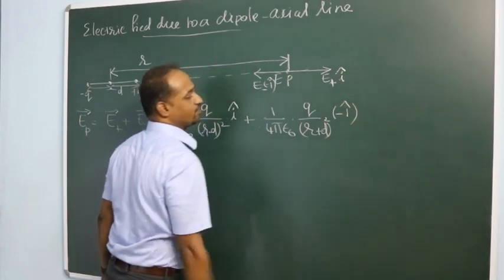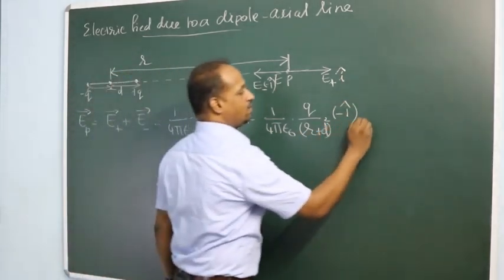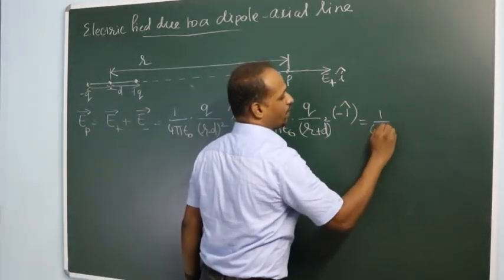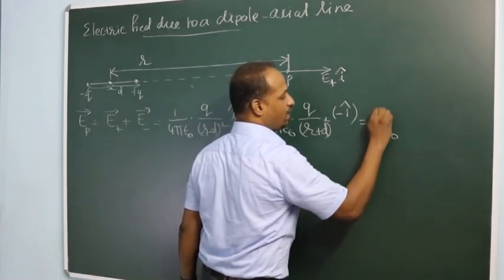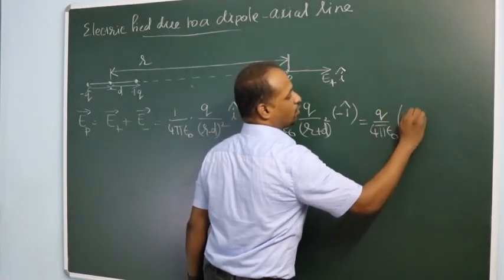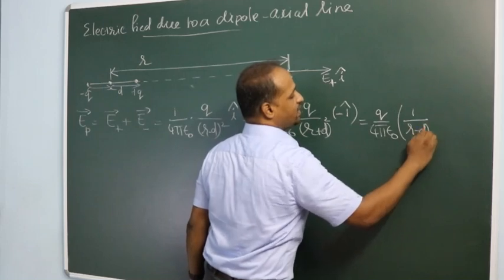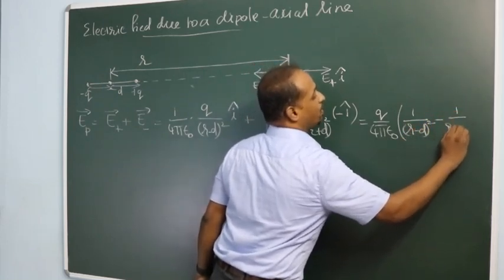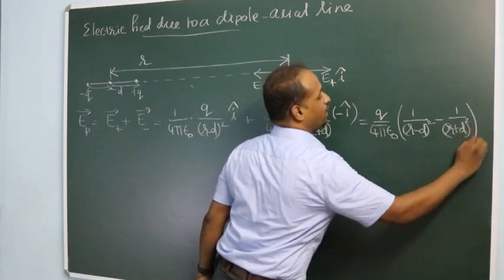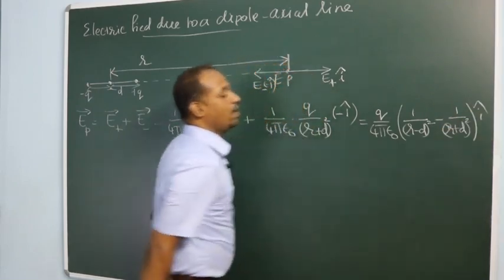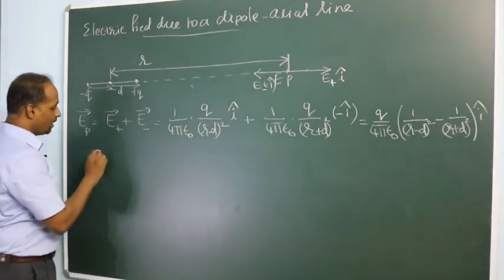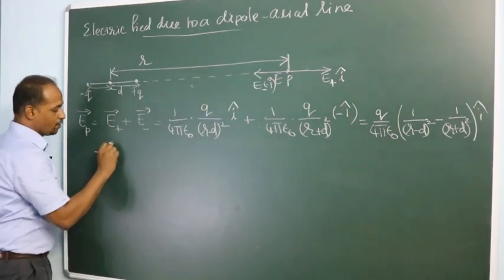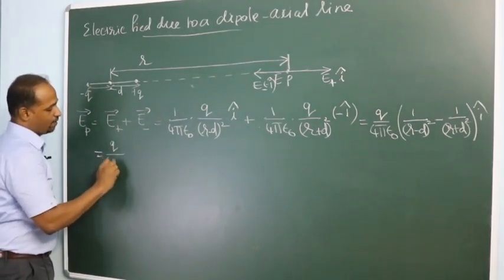If I take the common, then 1 by 4 pi epsilon naught I can take common, even q I can take common. So 1 by r minus d the whole square minus 1 by r plus d the whole square, into i cap outside. Then the next step would be q by 4 pi epsilon naught.